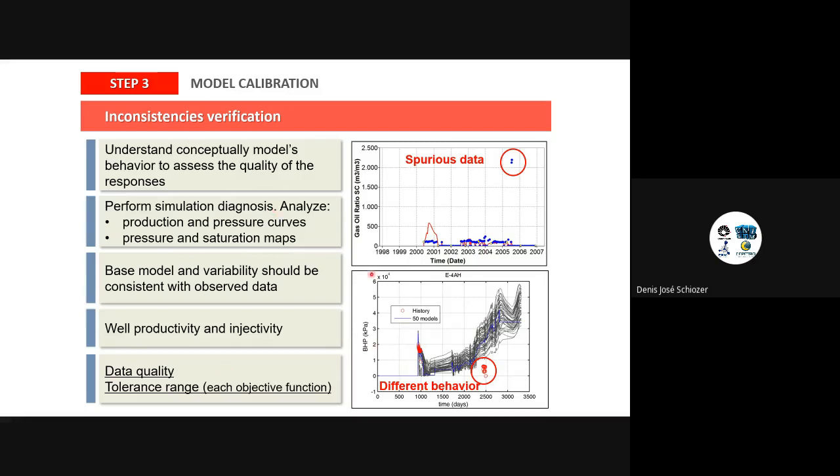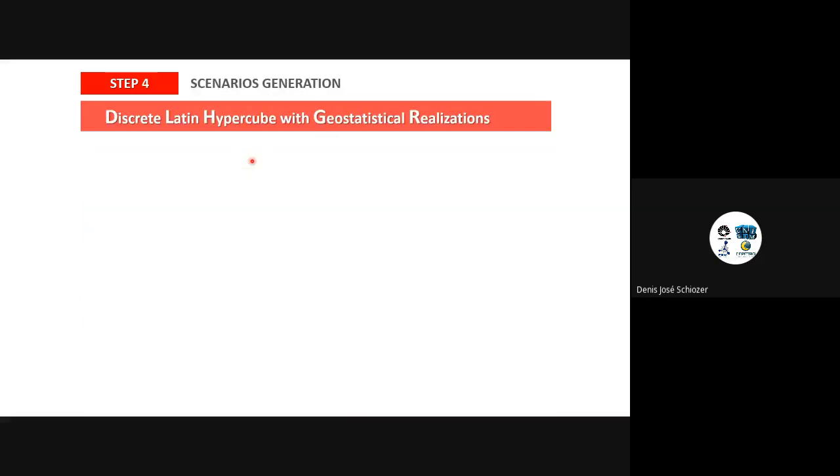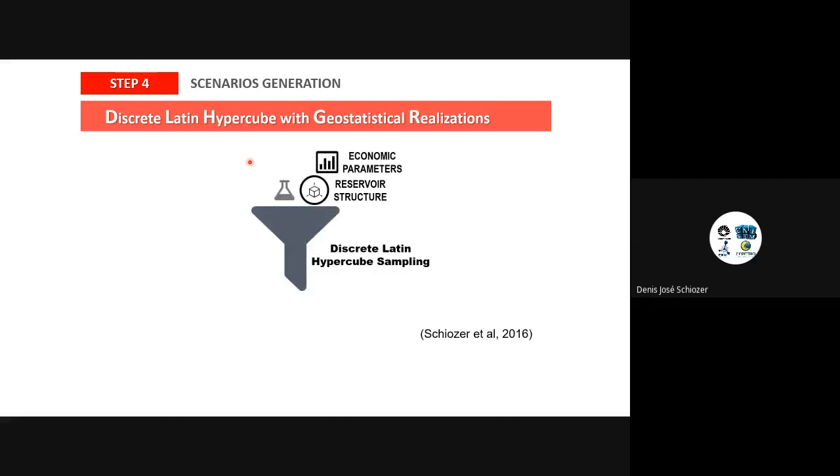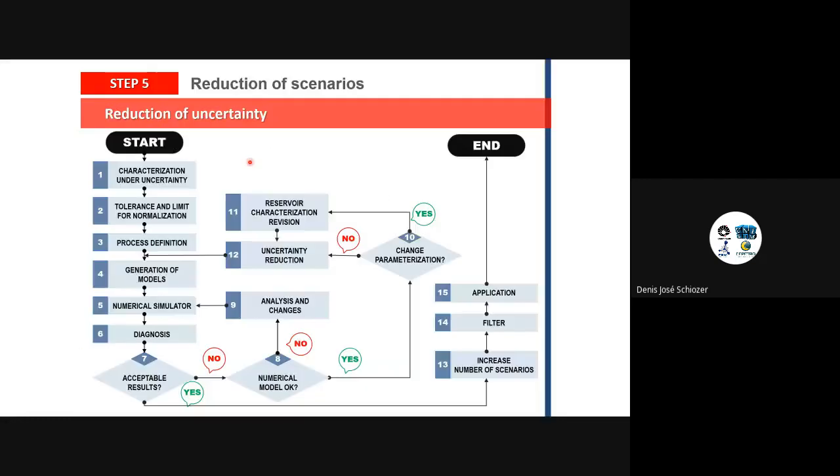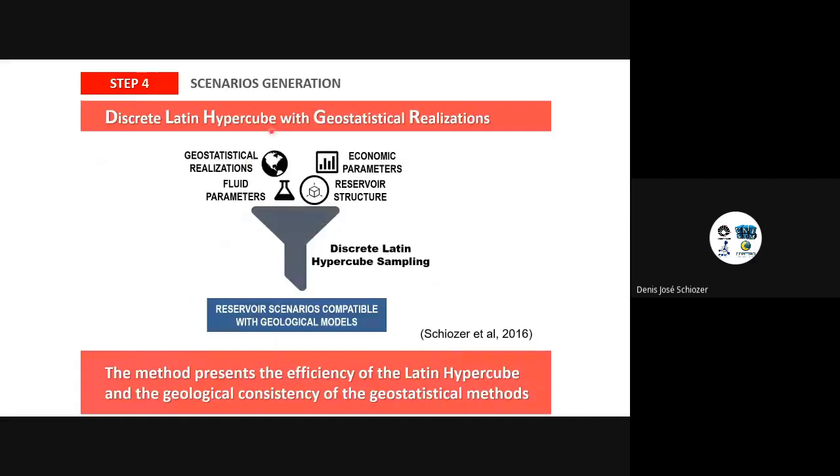So after everything is compatible and it's okay, then we go into what we call really data simulation. In order to do that, first we need to generate the models.